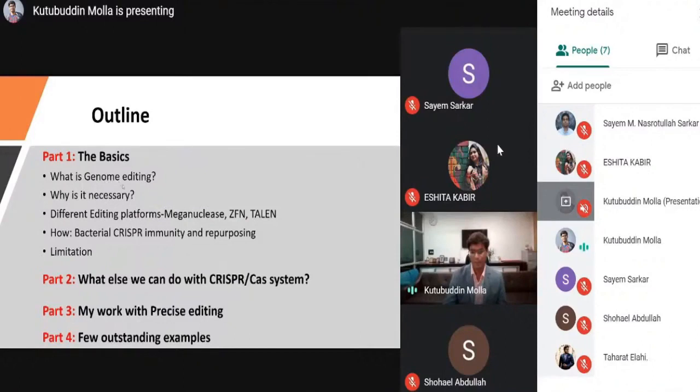Then I'll briefly explain the different editing platforms we could use for genome editing, including meganuclease, then ZFN, then TALEN, and obviously the most exciting CRISPR-Cas9 technology, explaining how they originated or were discovered from a bacterial system and repurposed for genome editing. And then I would highlight a few limitations of this technology, obviously.